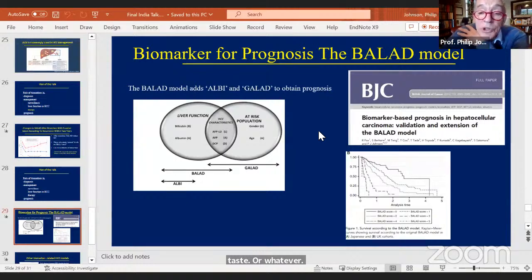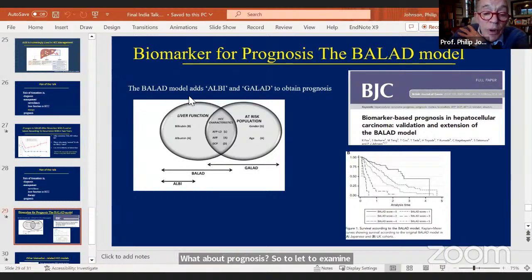Finally, what about prognosis? So to examine prognosis, what we do is we use what's called the Ballad model. Ballad adds ALBI and Gallad together to obtain prognosis.